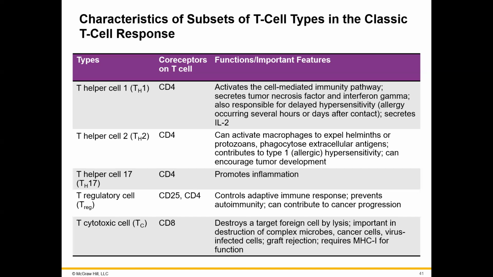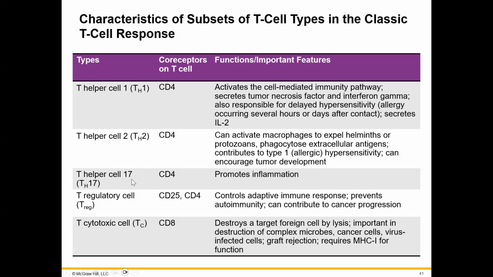T helper cell 2, the co-receptor on the T cell is CD4. These can activate macrophages to expel helminths or protozoans. They can phagocytize extracellular antigens. They contribute to type 1 hypersensitivity, which are your allergic reactions, and they can encourage tumor development.